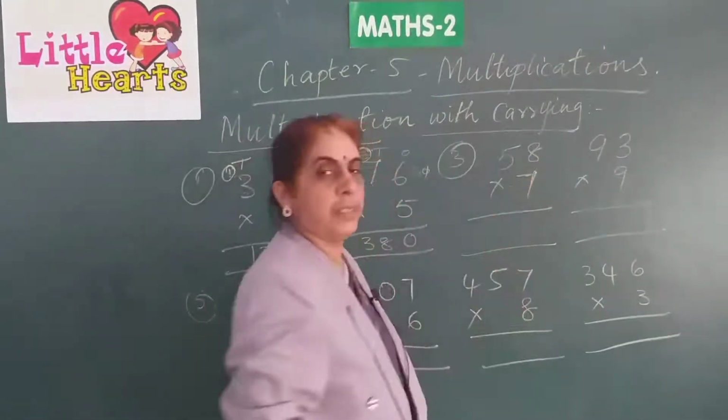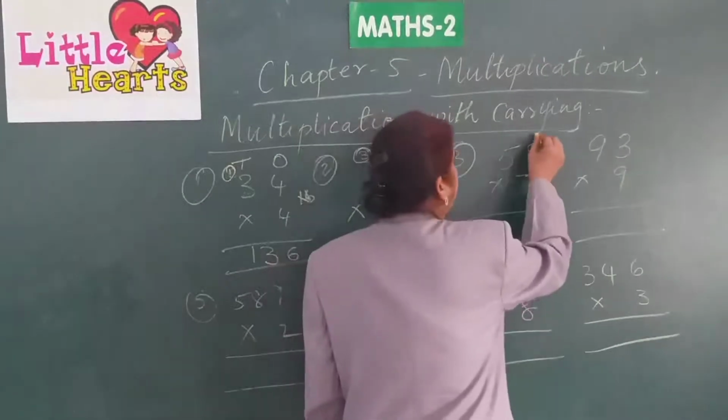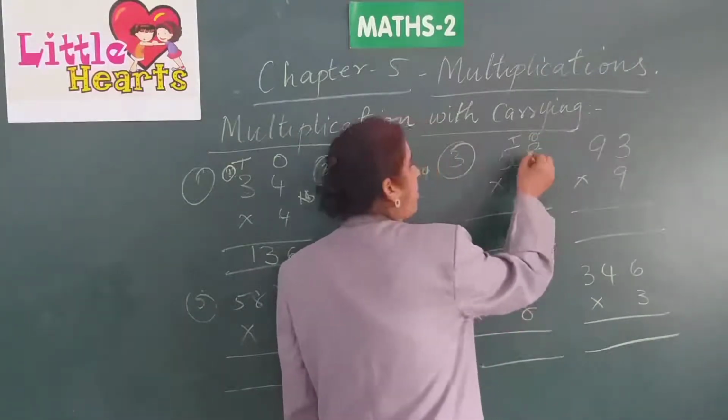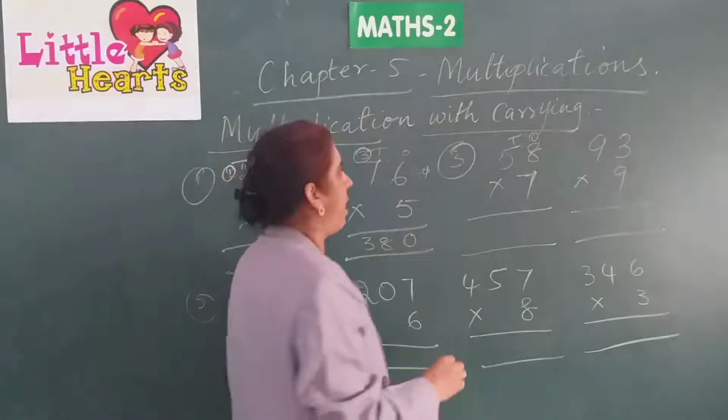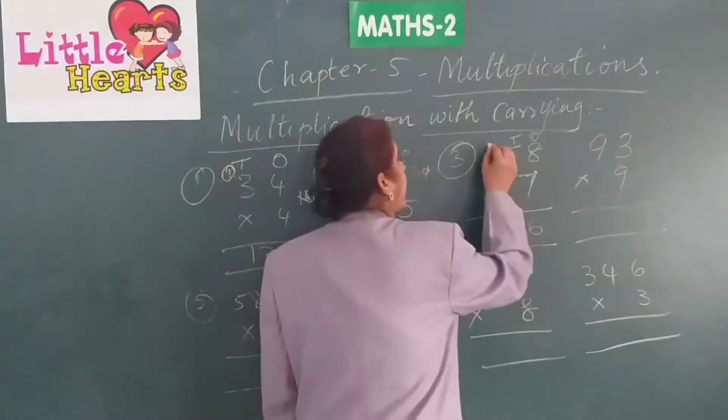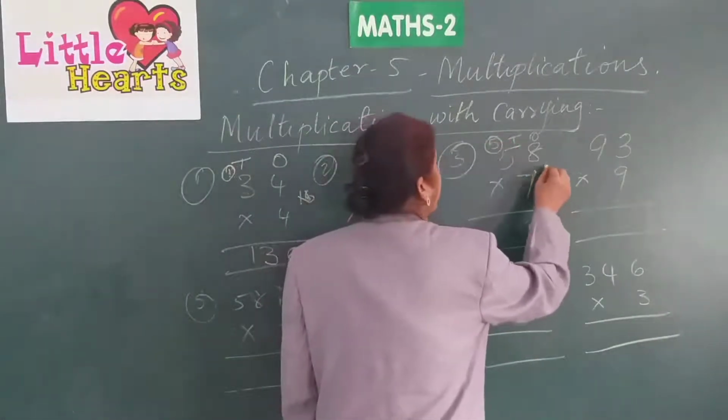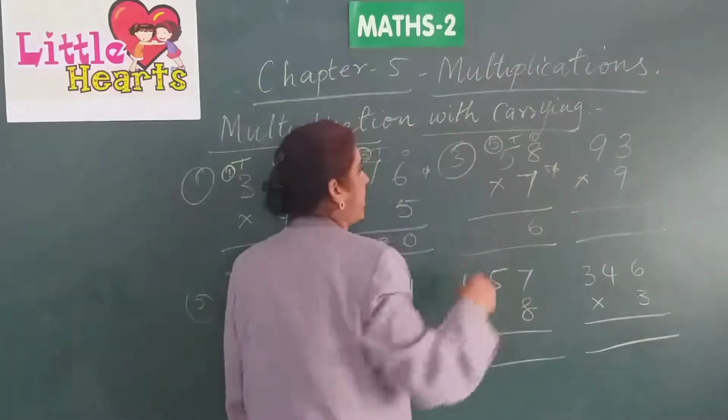58 into 7. Multiply 8 by 7 as 8 is in ones place. 7 eights are 56. Carry 5 to the tens place.